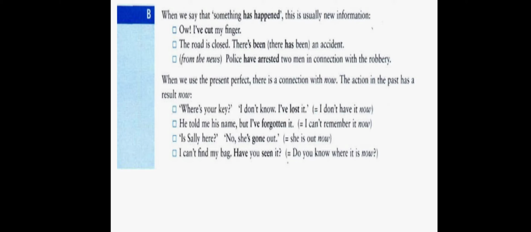He lost it before, and still he doesn't have it now. The situation remained the same. When the situation remains the same, or the effect of the action still goes on until now from the past, then we use the present perfect. We don't use the past simple.